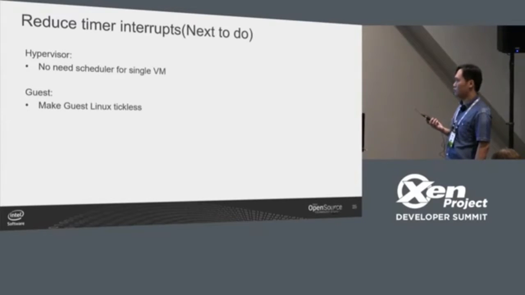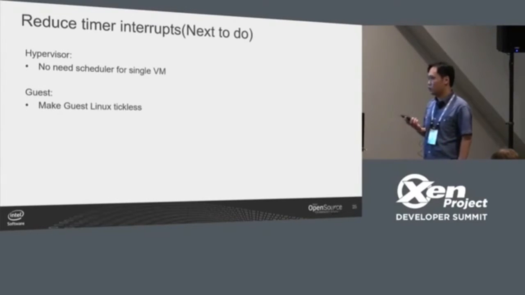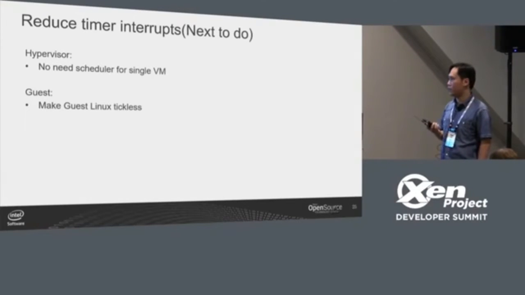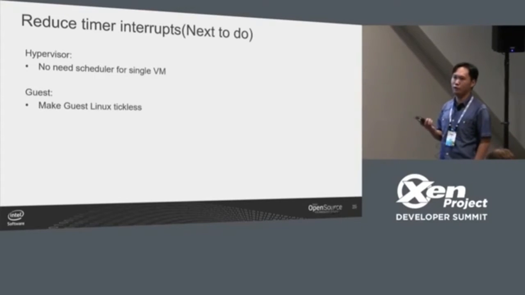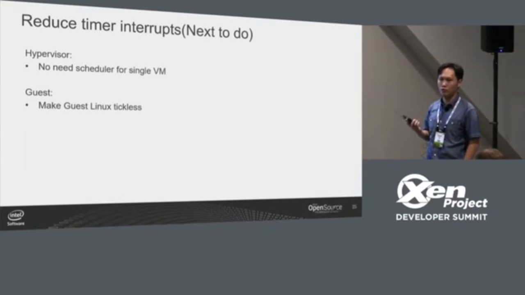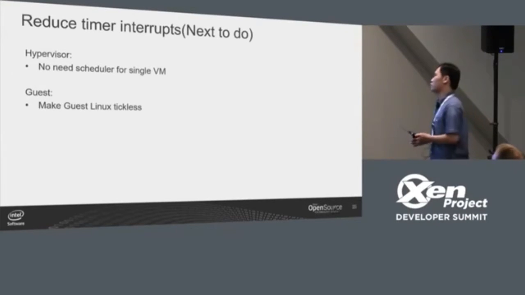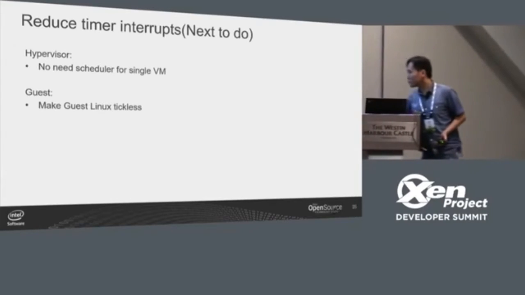We are still analyzing the timer requests in the guest when running some benchmarks. We hope to remove some redundant timers, but it's very hard to change the guest if we provide a cloud service. So this is next to do.